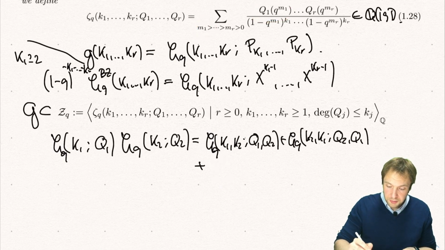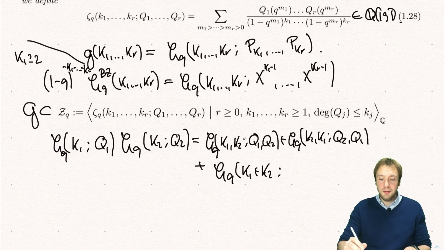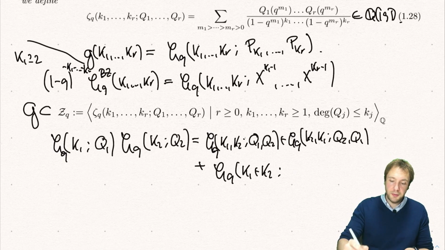Oops, I don't want a sum here, I want zeta_q(k1 plus k2): I add the indices and I multiply the polynomials.